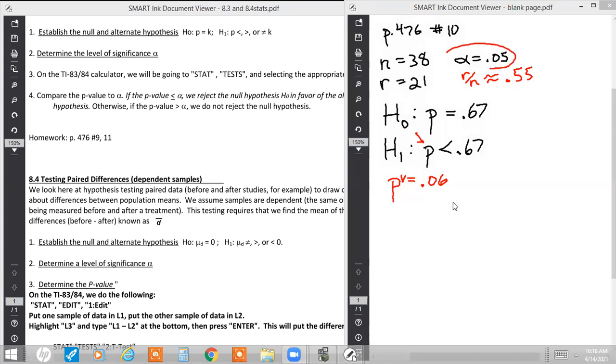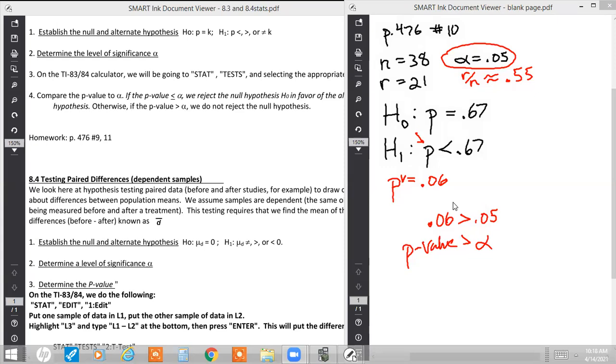We compare it to alpha. 0.06 is greater than 0.05, right? In other words, my P value is greater than my alpha value. So we do not reject the null hypothesis.